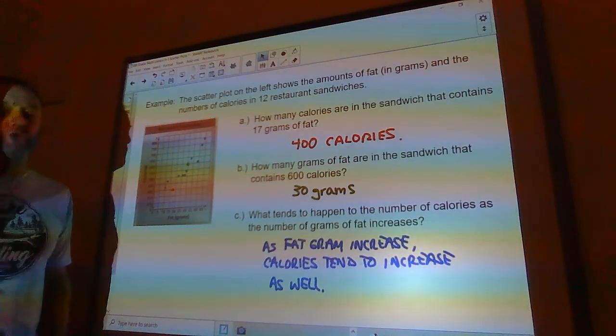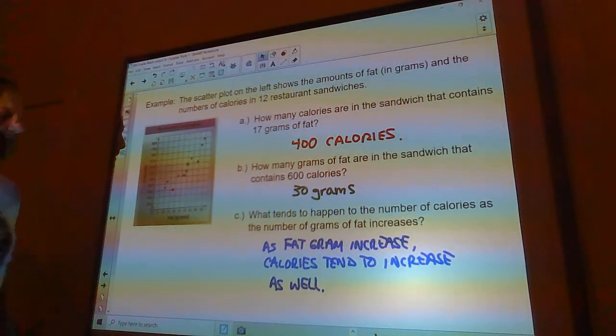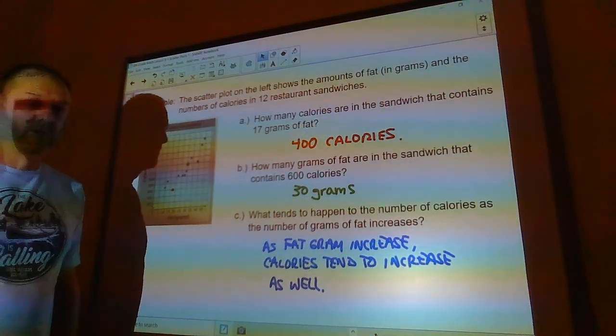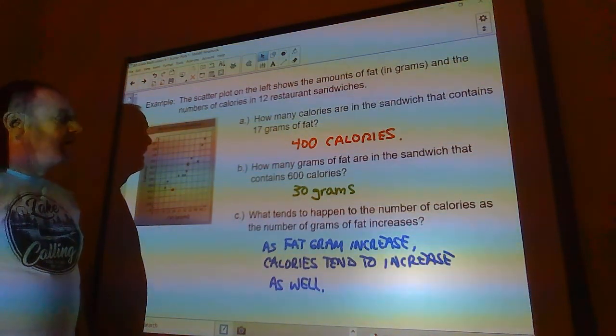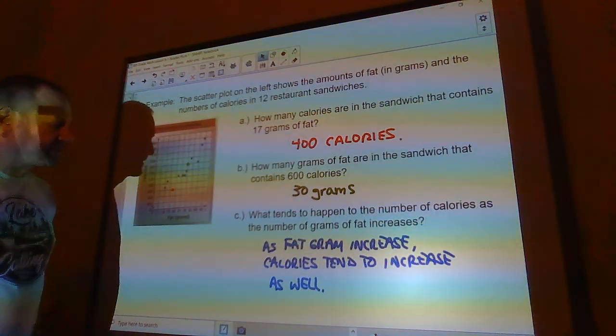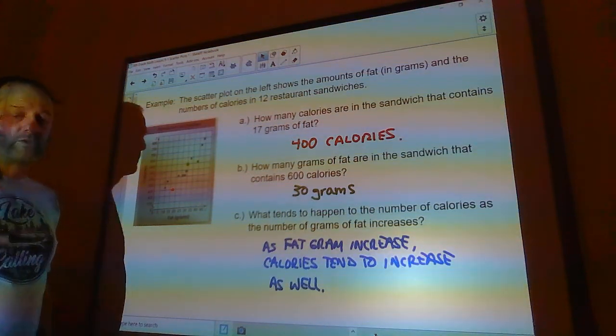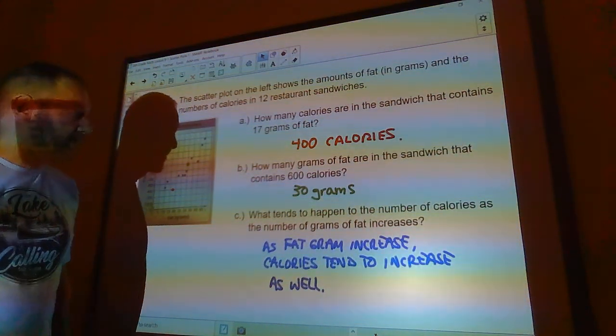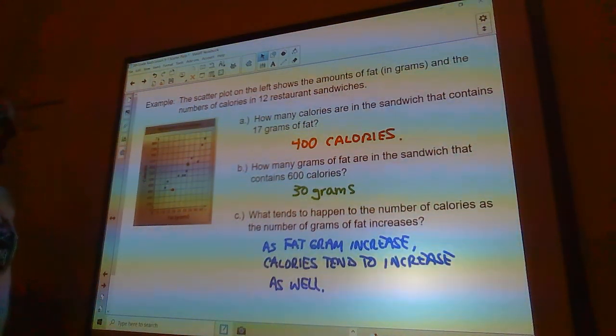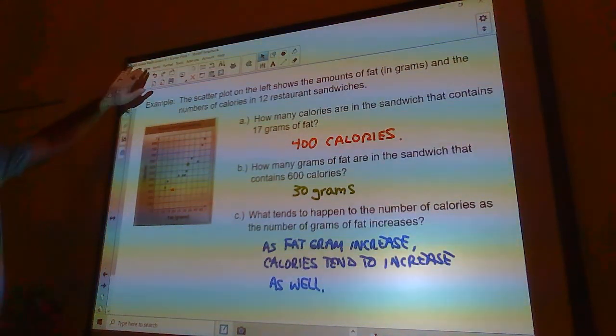Okay, and people will do that all the time. That's why you should always question statistics. Make sure that they're done properly, so that you get accurate information.